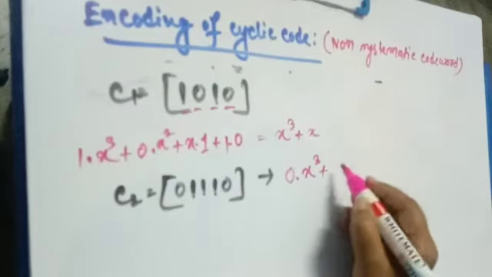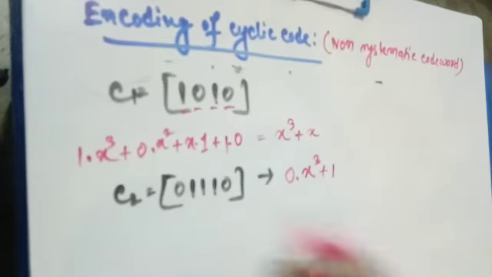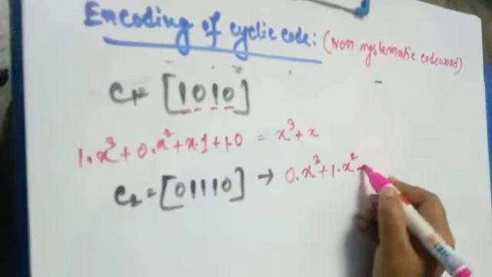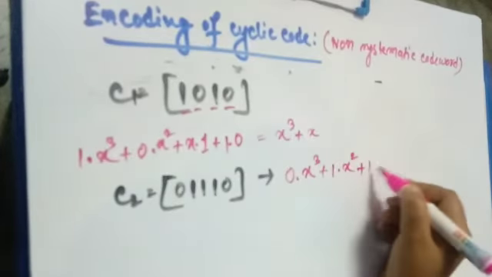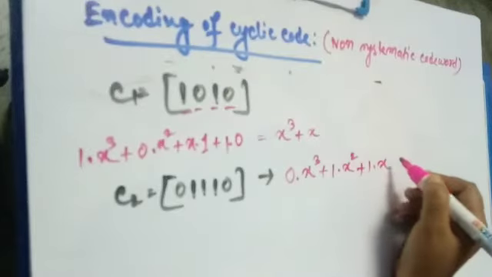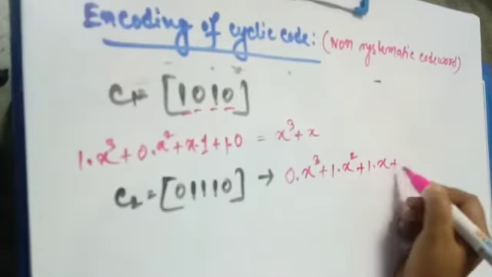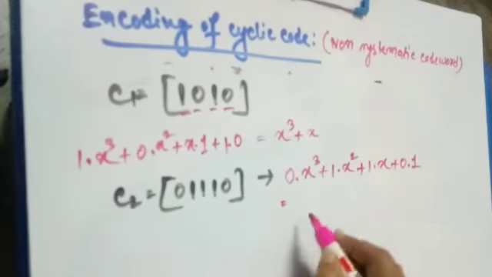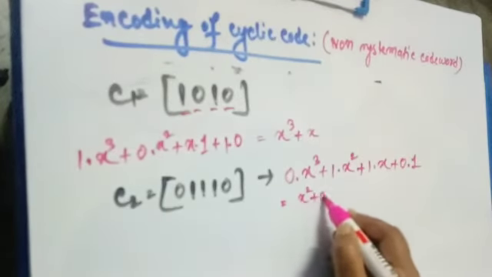Then we add, again 1, and it is x square. Again add 1 into x, that is x, and the last one 0 into 1. So our conversion is x cube plus x square plus x.